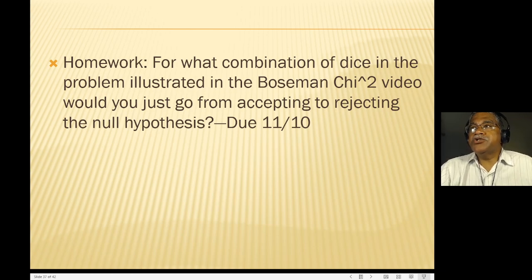What I want you to do, and you can write a program, use Excel, or do it by hand, is come up with, for that same experiment, same conditions, a combination of dice that would push you from accepting the null hypothesis to rejecting the null hypothesis.